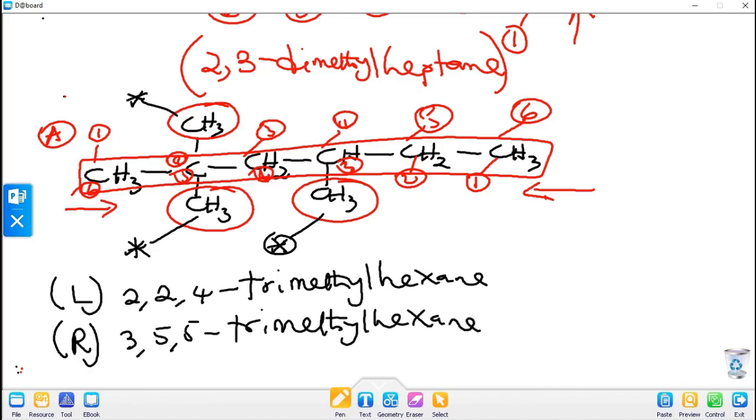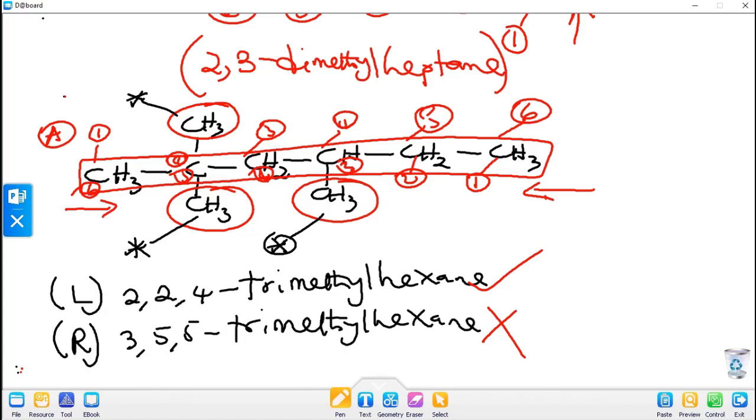So we can see that if we go by the rules, which say that in naming a hydrocarbon the side chains should be given the lowest possible numbers, that automatically disqualifies this second naming coming from the right. So taking our numbering from the left-hand side is the right option, and that will give us the compound whose name is 2,2,4 trimethyl hexane.